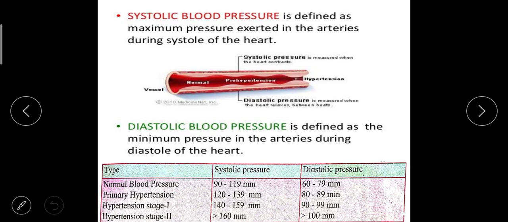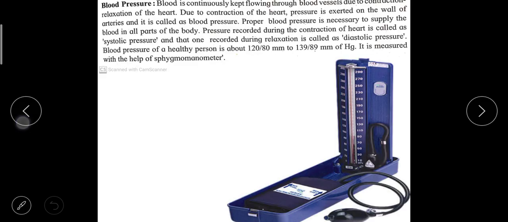Blood pressure in a healthy person is about 120/80 mm to 139/89 mm of Hg. It is measured with the help of a sphygmomanometer. The instrument which helps to measure blood pressure is known as a sphygmomanometer. Remember this.